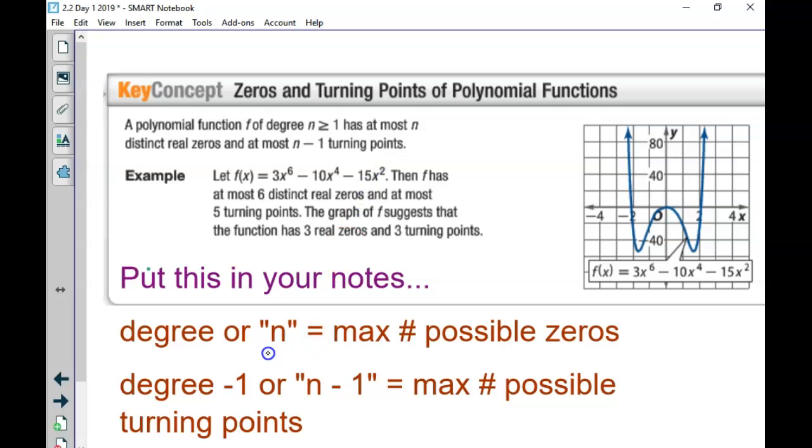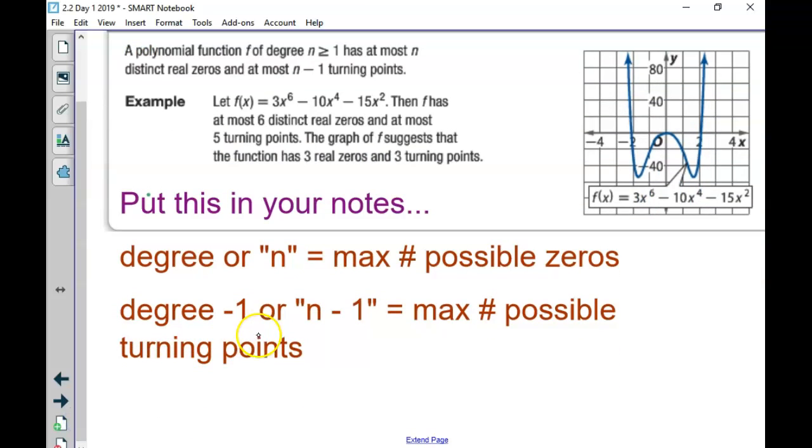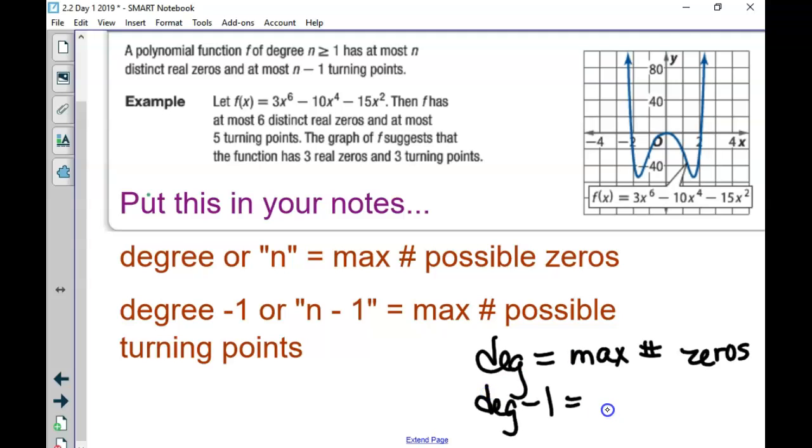So down here, put this in your notes. Is there a place for you to write this or not? If the degree is n, that is the maximum possible number of zeros is n. But the degree minus 1, or n minus 1, will tell you the maximum possible number of turning points. The degree equals the maximum number of zeros possible, and the degree minus 1 is equal to the maximum number of turning points.